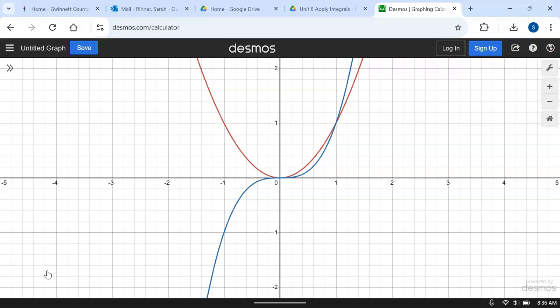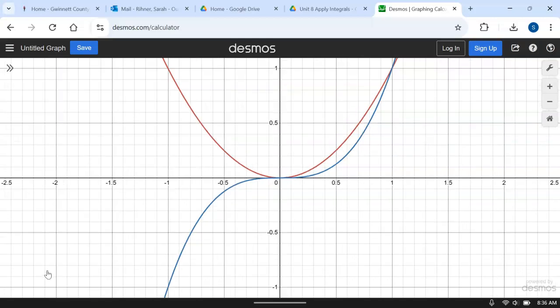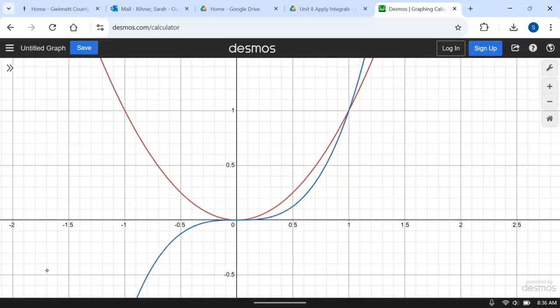And zoom in so that you can see. So notice how our x squared is up top. And notice here, we're focusing on this section right here. So we're focusing on from 0 to 1. We're finding the area of this section here from 0 to 1.